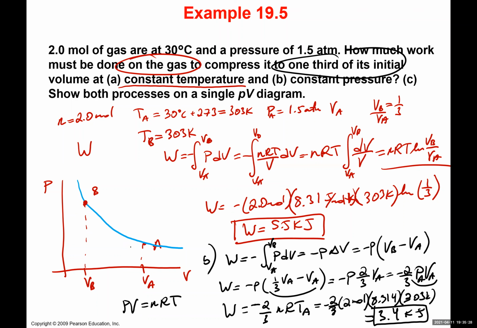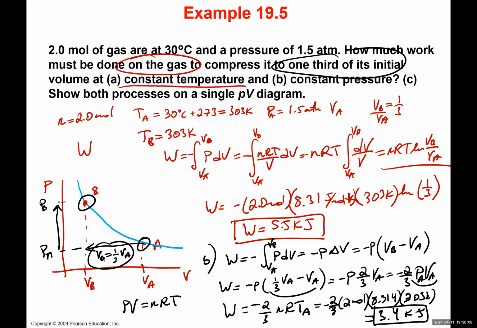Going from A to B, my volume decreased, so VB equals 1/3 of VA, but at the same time, this is my PA and this is my PB. My pressure increased by how much? Exactly 3 times, because they're related. Whatever proportion you change your volume by changes your pressure by the same proportion, because temperature remains constant.